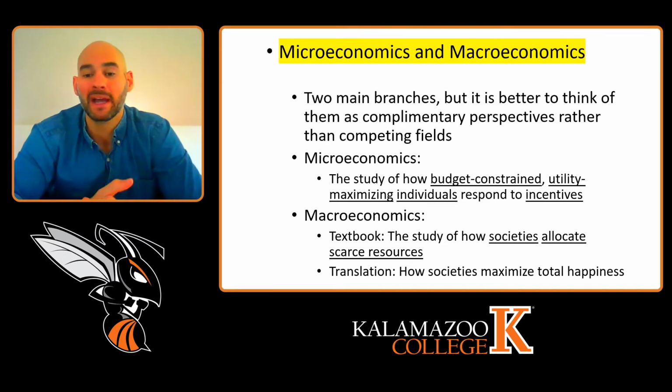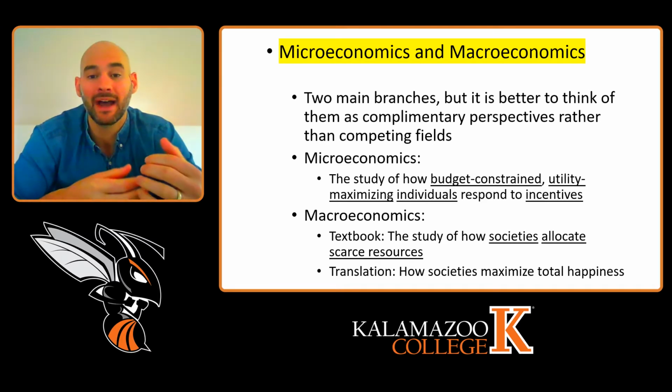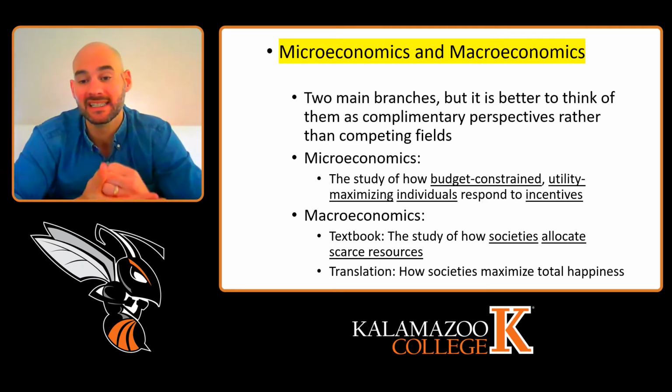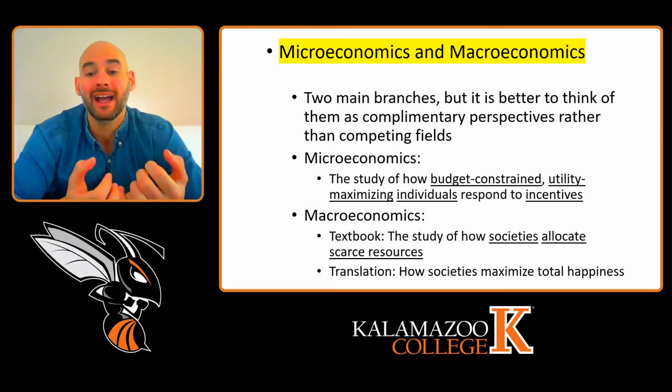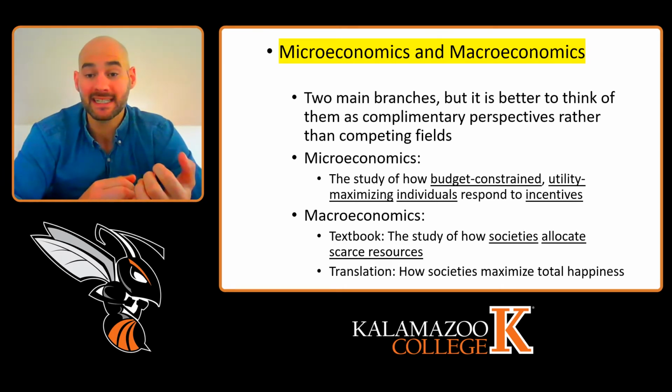Individuals, really by this I just mean agents, that we're thinking about small parties, whether that's households, whether that is individual people, and incentives are signals or messages that are related to scarcity, such as prices.